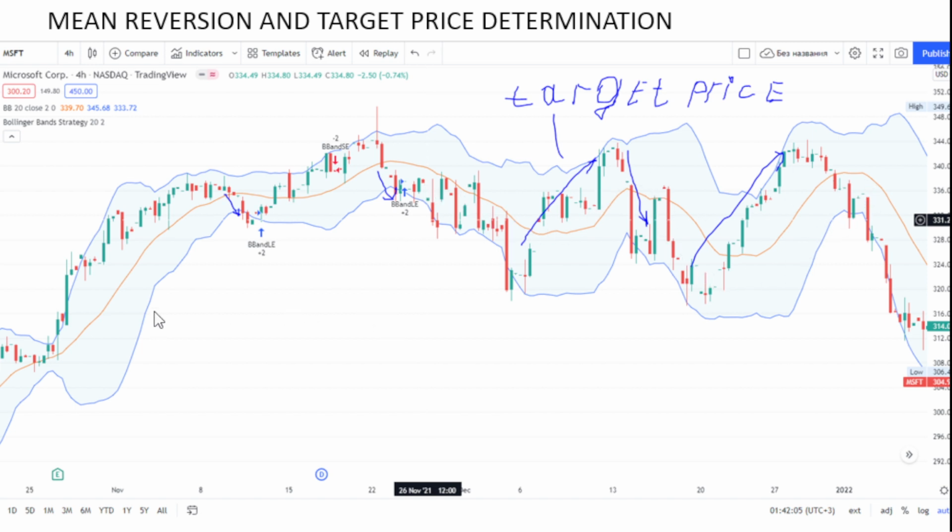As you can see, there are very few situations when the price went far beyond this support and resistance level, right? So just look at this pattern and see how price behaves in relation to the moving average, and follow the strategy, right?